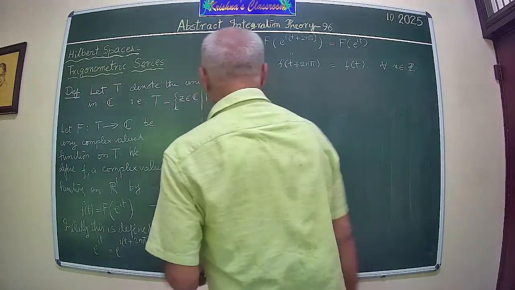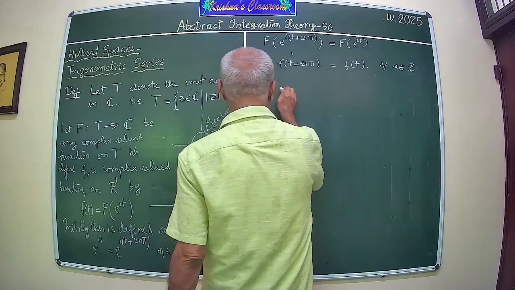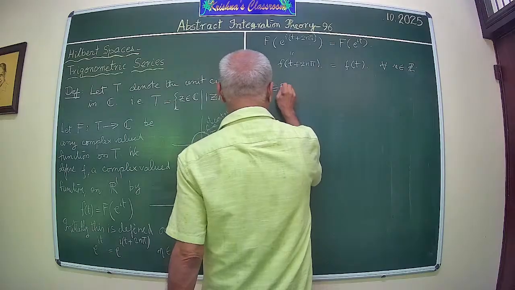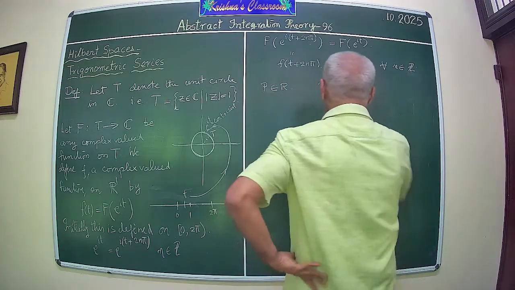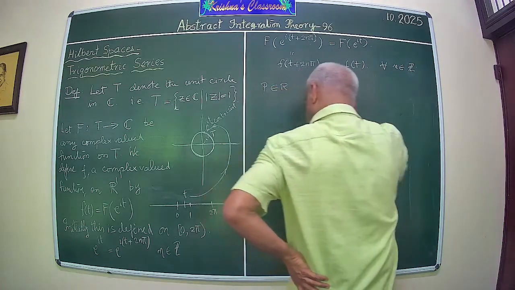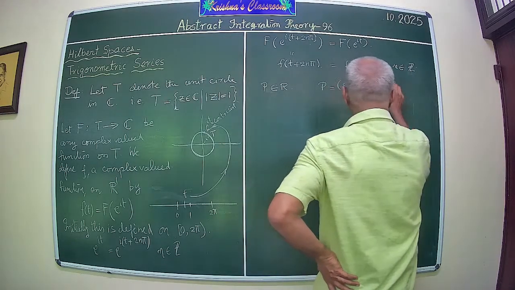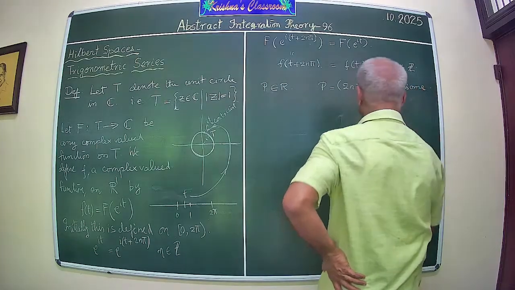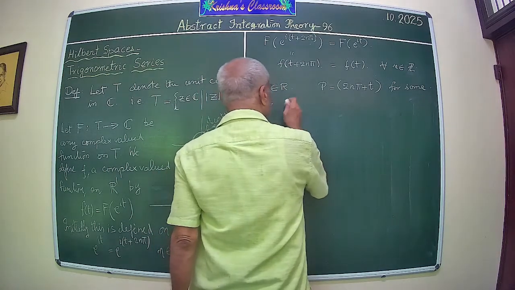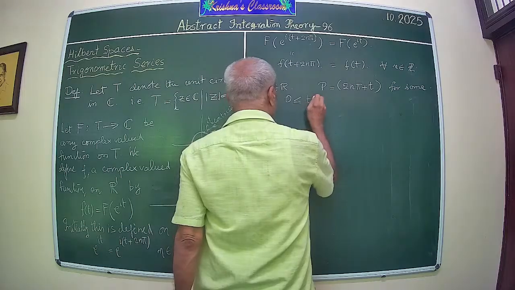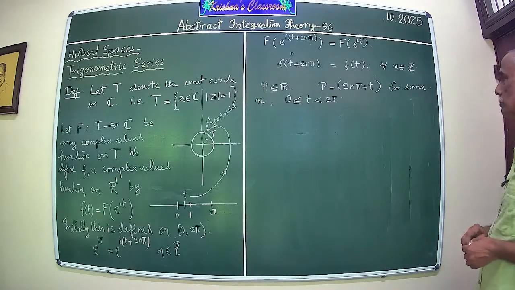So every point, if you take a point P on R, P is equal to some 2n pi plus t, and t of course chosen uniquely.